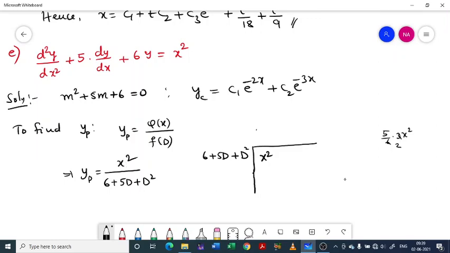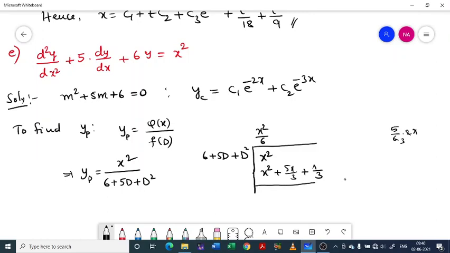X square divided by 6, you get x square by 6. Now multiplying that, you will get x square. Now x square by 6 into 5d. So 5 by 6 into derivative of x square, you get 2x. So 3 ಆಗ್ತಲ್ಲ, so it will be plus 5x by 3 plus differentiating it twice, you are supposed to get 1 by 3.